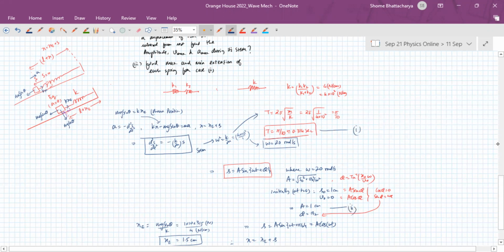However, this will help us find the answer of the third part. From this itself, we'll find for the individual springs.